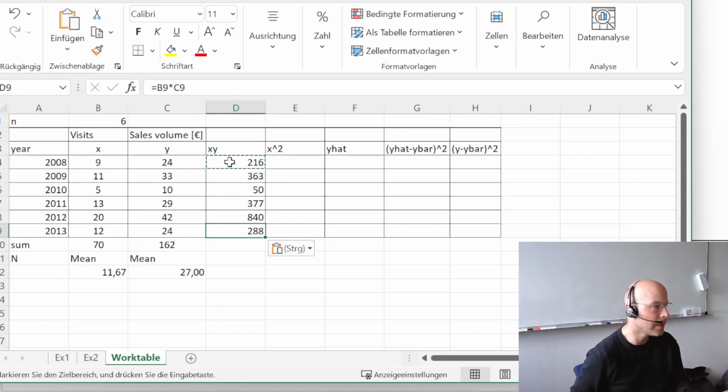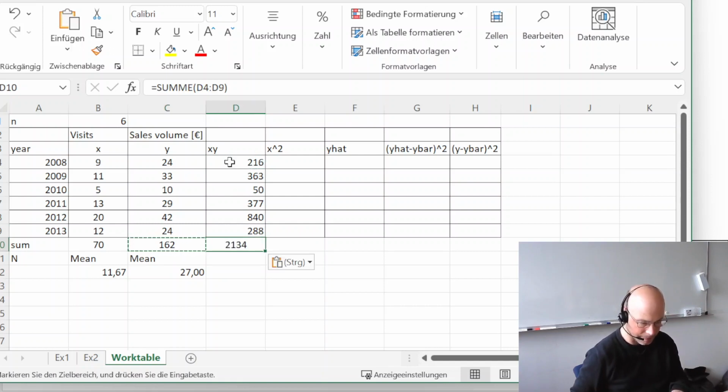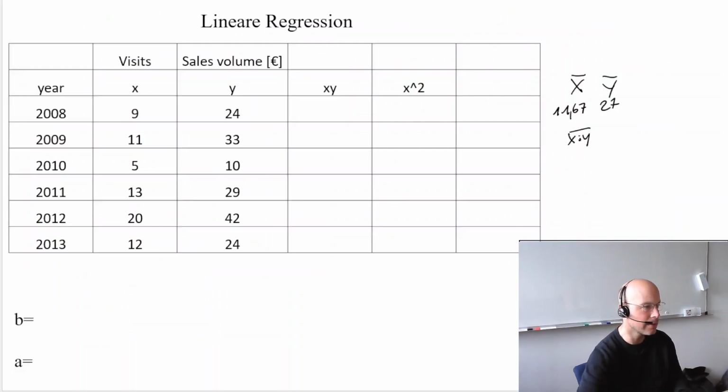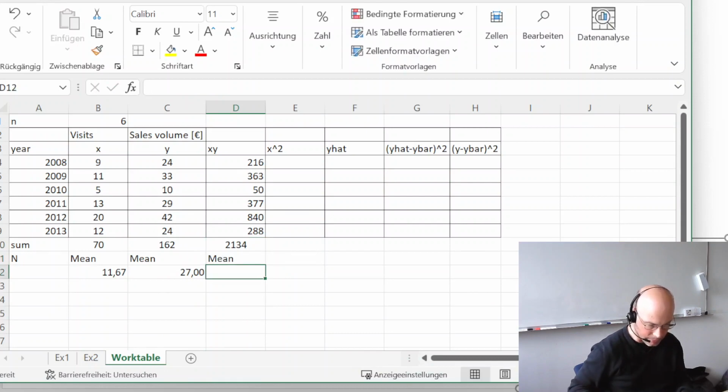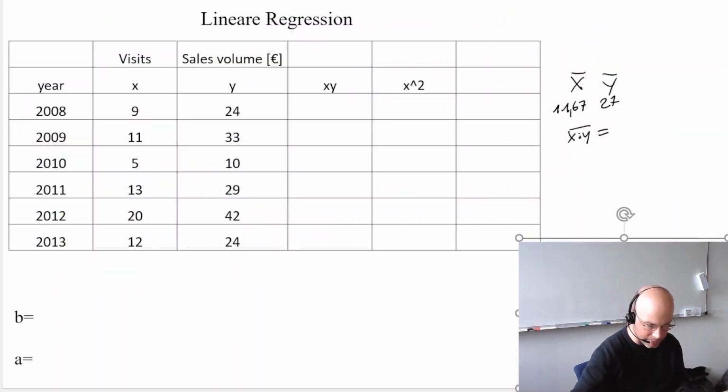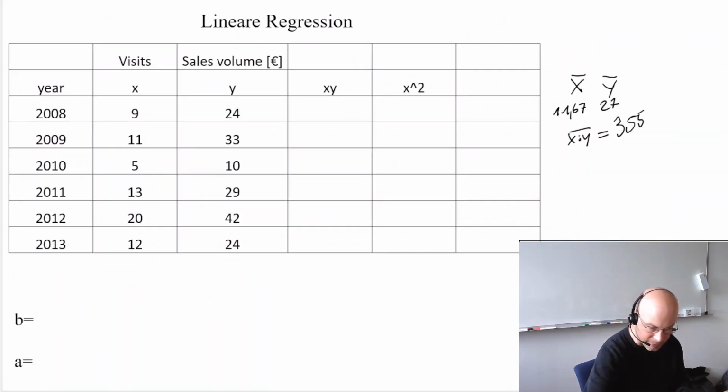And we also need the sum of all these numbers, and then divide this by 6, which gives 355.67.